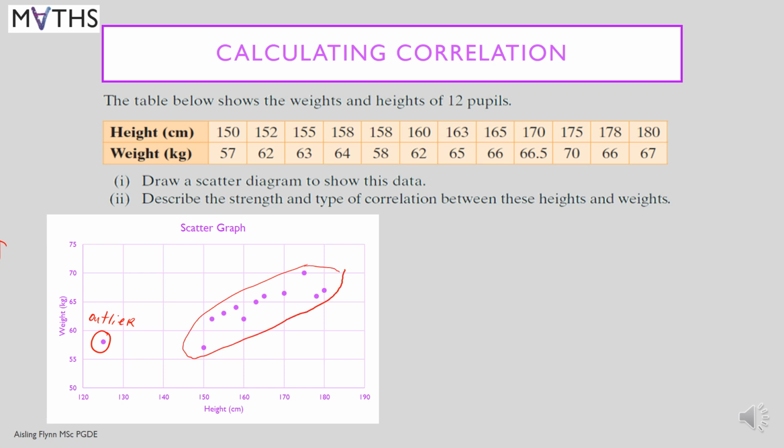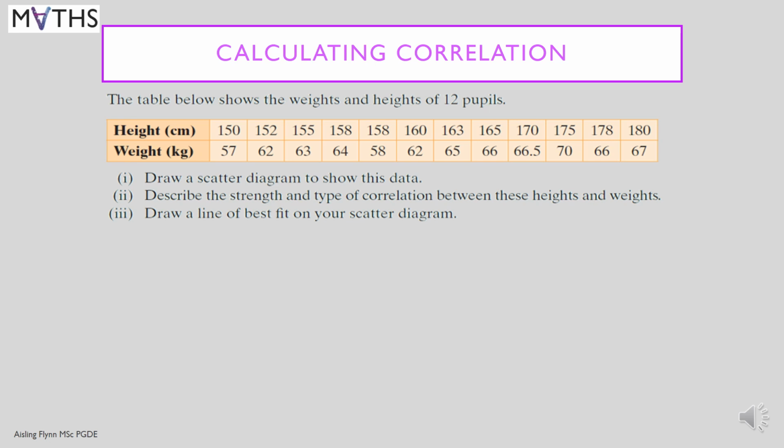So I would say that we have a strong positive correlation. So there's a strong positive correlation between the heights and the weights of the 12 pupils.